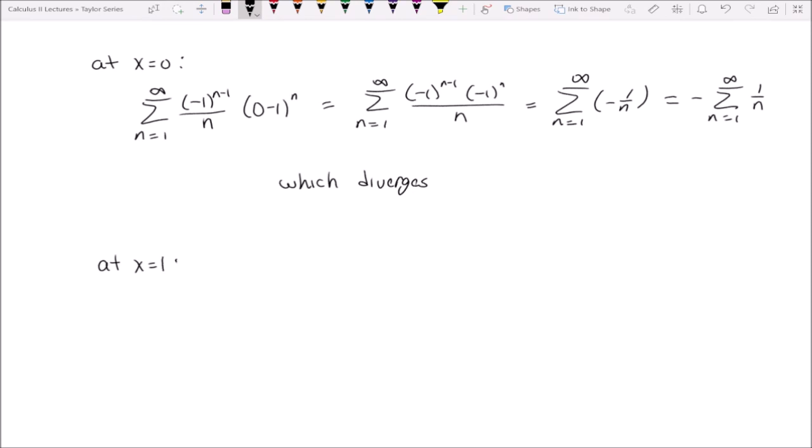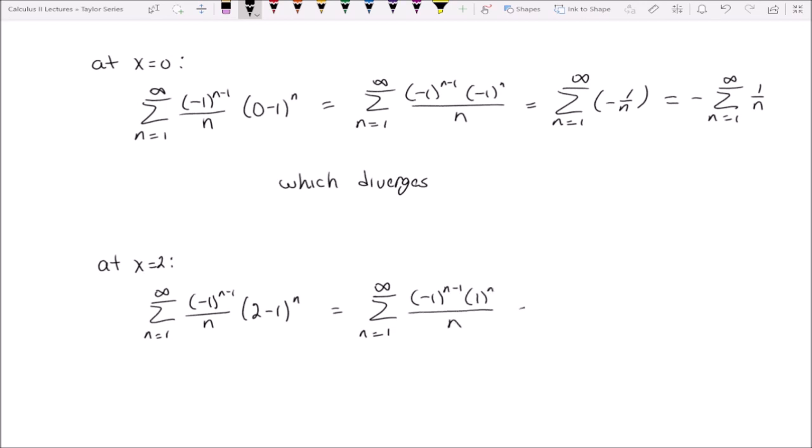Now, at x equals 1, I'm sorry, it's not 1, it's 2. At x equals 2, negative 1 to the n minus 1 times 1 to the n, all over n. 1 to the n is 1, so we're left with negative 1 to the n minus 1 over n, which converges.